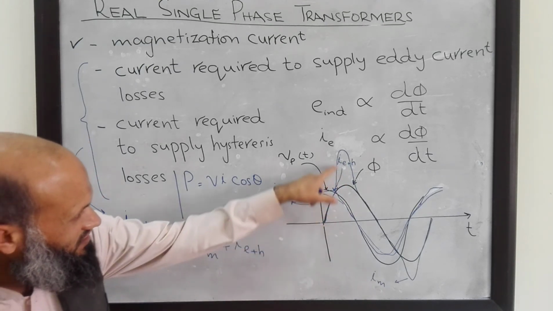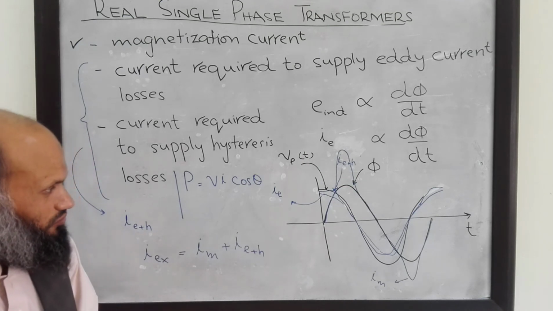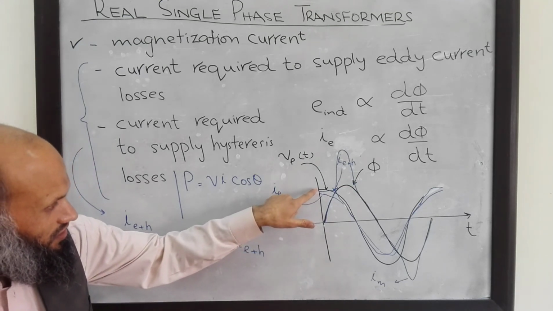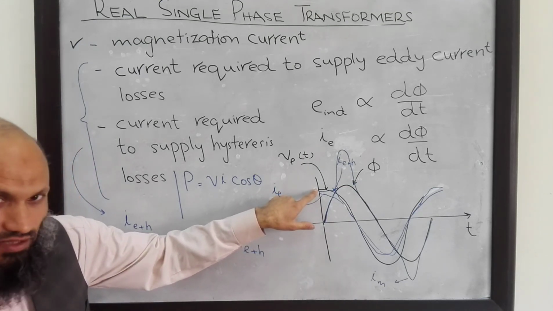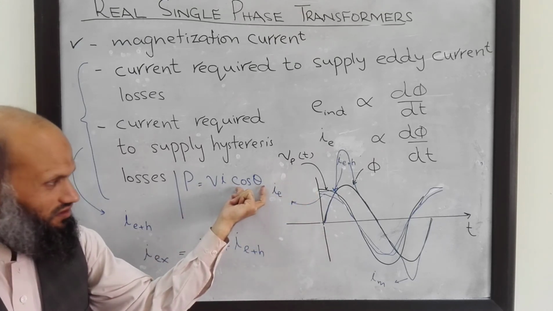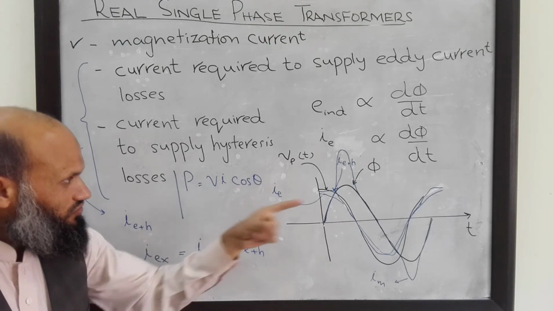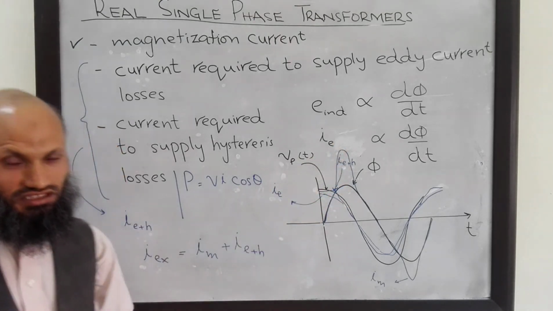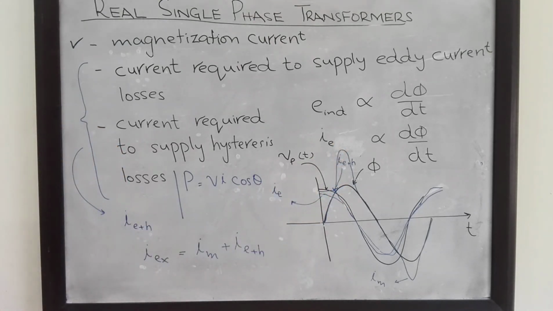However, the fundamental component of the magnetization current lags the applied voltage by 90 degrees, and the cosine of 90 degrees is 0. So the magnetization current does not result in any energy or power losses. In the next lecture we shall talk about the equivalent electrical circuit of a real transformer.